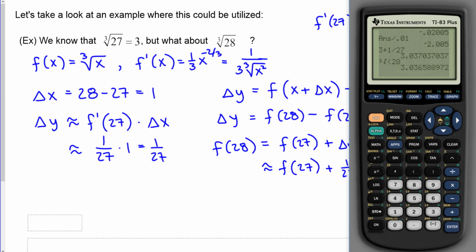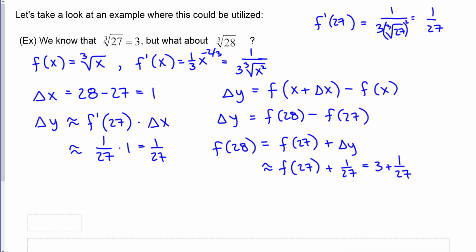It comes out to 3.03658, which if you round to 3 decimal places, that's 3.037. So it's correct to 3 decimal places, this approximation. But we didn't need a calculator for anything until the very end, and we could have actually used long division to come up with 1/27. So you can use these linear approximations to make predictions about unknown values of your function.